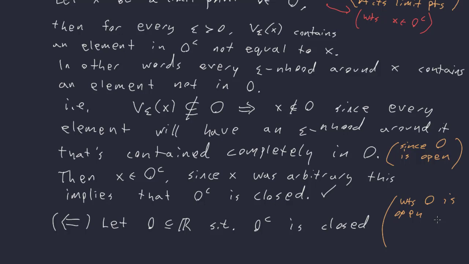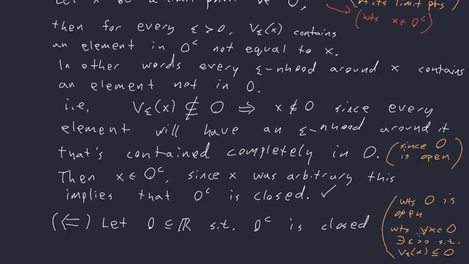So to prove that O is open, we basically want to show that for all X in O, there exists some epsilon, of course greater than 0, such that the epsilon neighborhood around X is completely contained in O. So that kind of leads us in the direction we would want to go.